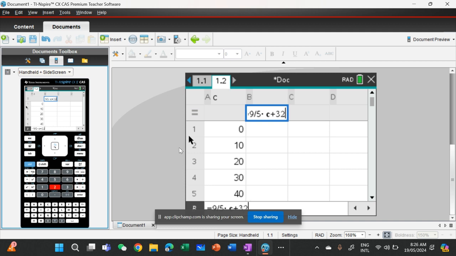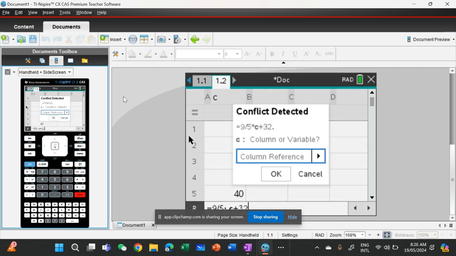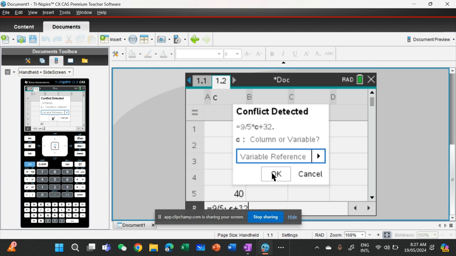Once you enter the formula, press enter, and choose the variable reference because we substitute their variables rather than the column. Just be aware of that.